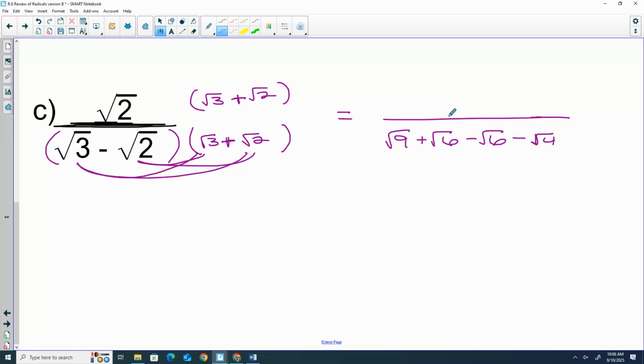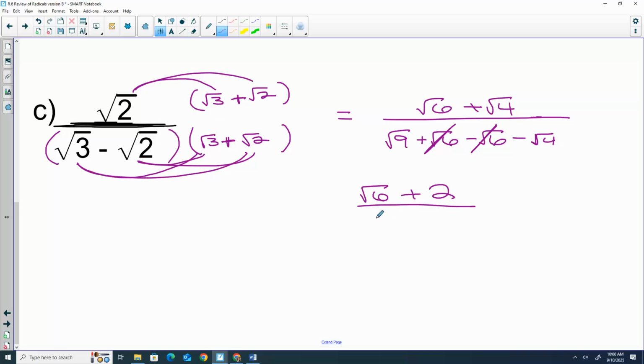So that's helpful because these terms now cancel. On the numerator, we distribute our square root of 2, so we get the square root of 6 plus the square root of 4. So now if we reduce, what is the square root of 4? 2.